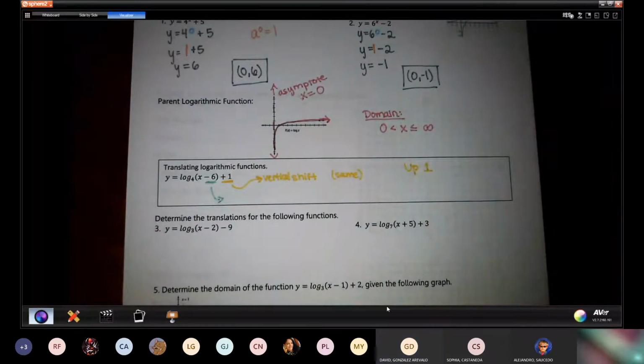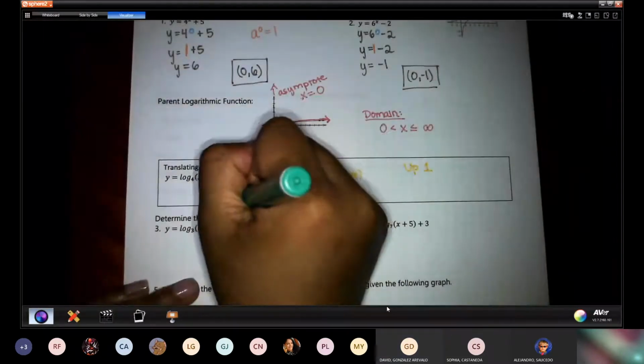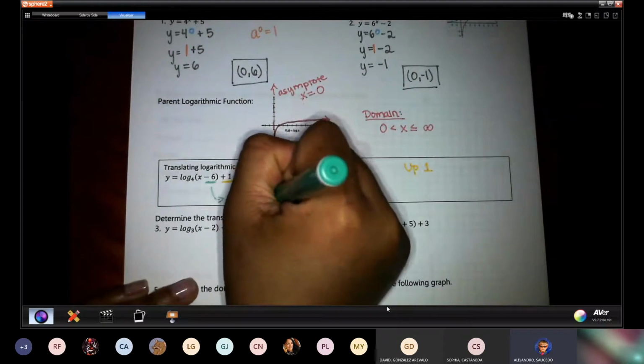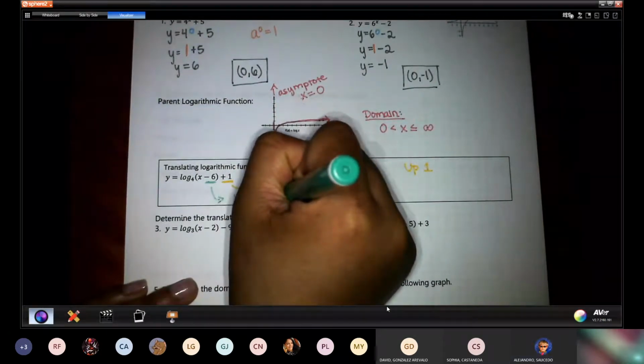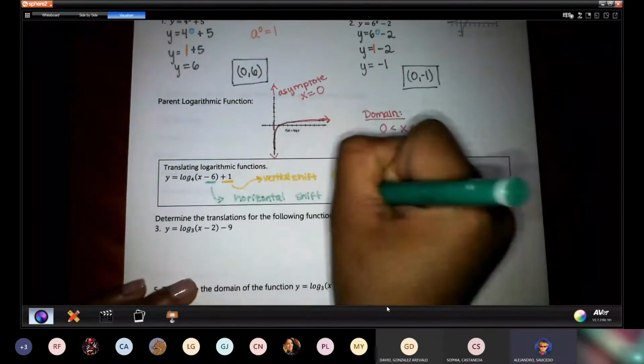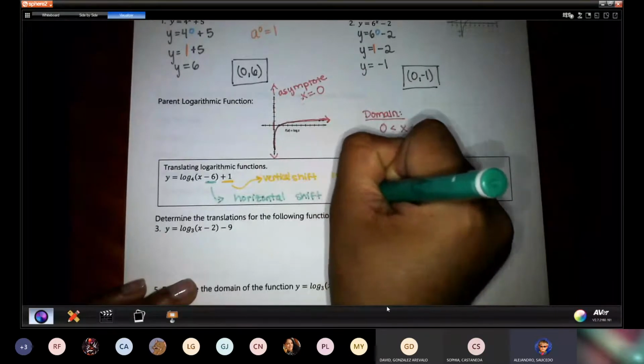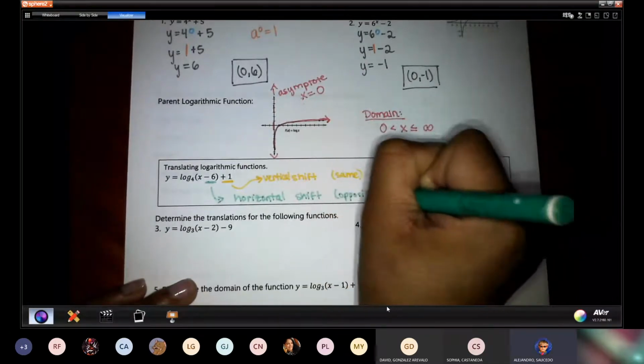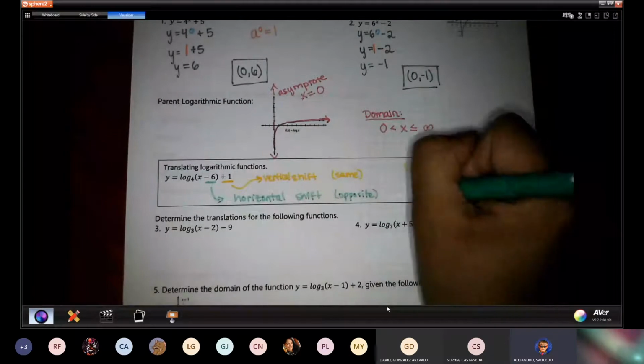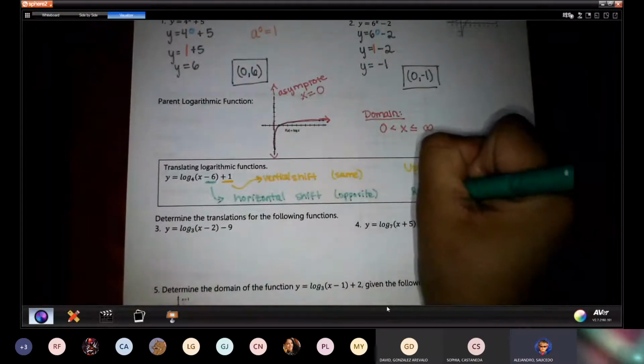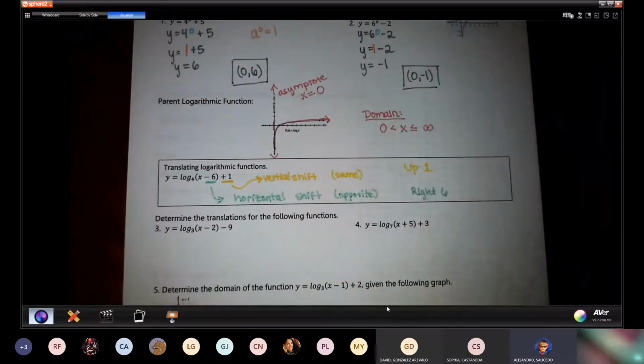That's the opposite, right? The sign is the opposite of what we normally think. That's what I meant by same and opposite. So that'll be to the right 6. Make sense?